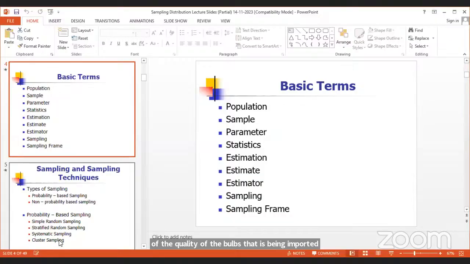If the details of the population are known, if they are so sure that the quality of this bulb is good enough for us to consume, then there won't be any need for them to request a sample, because they are sure. But because they are not sure, they request a sample. That sample will be used to estimate the population parameter.